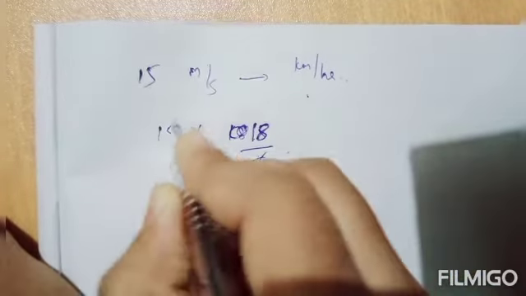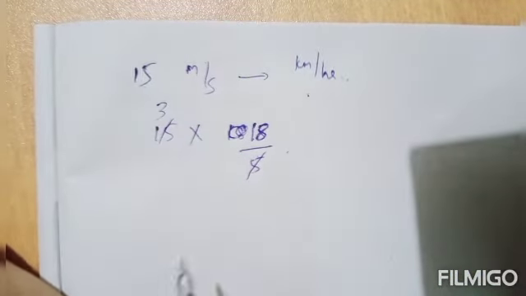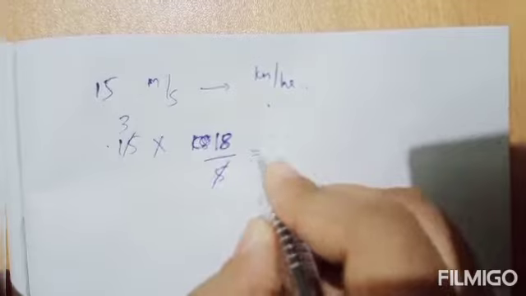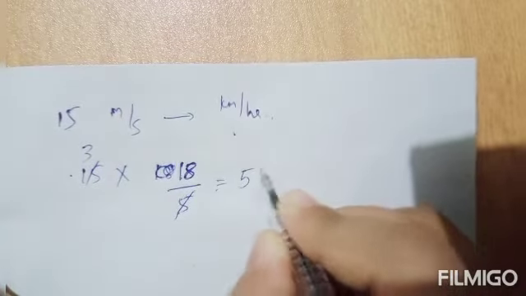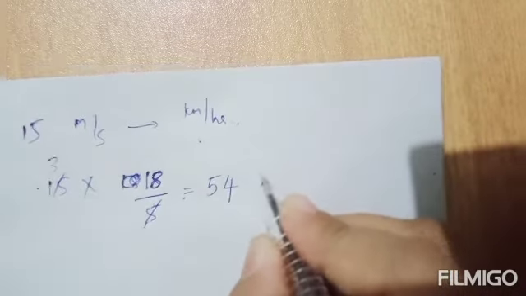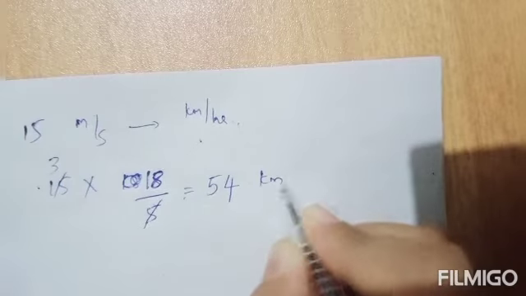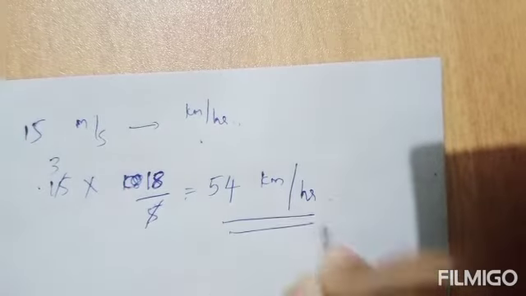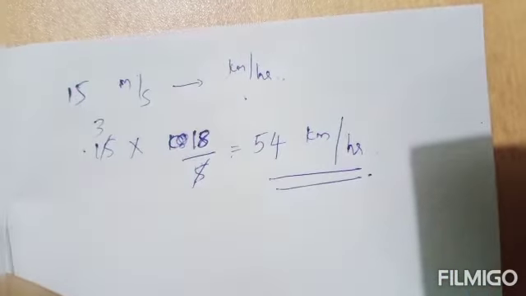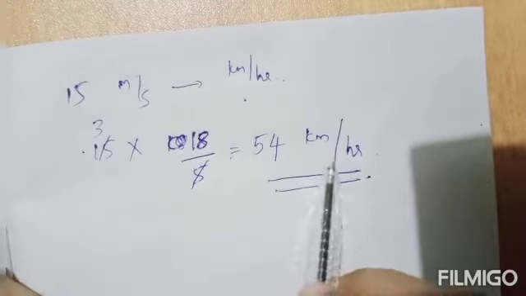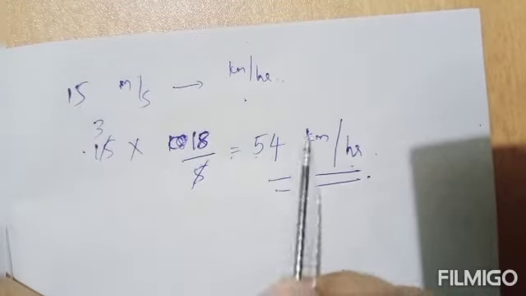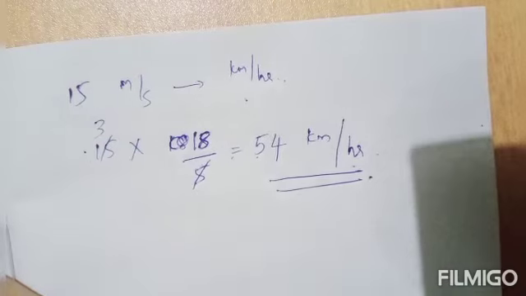So 15 divided by 5 is 3. Now 18 into 3 you will get 54. The unit will be kilometers per hour. So the speed of the train is 54 kilometers per hour.